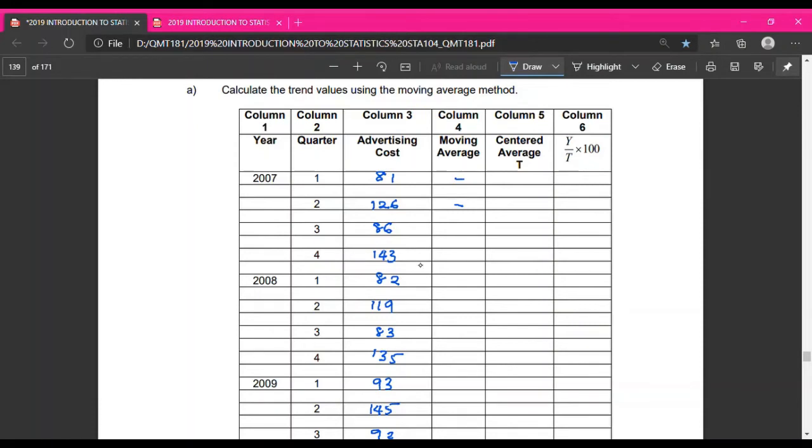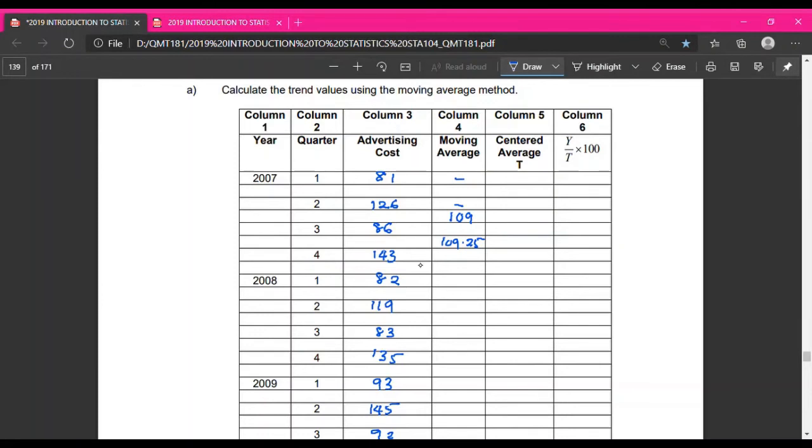Then you will get 109, which sits in the middle here. The next one: 126, 86, 143, 82. Divide by 4, you will get 109.25.